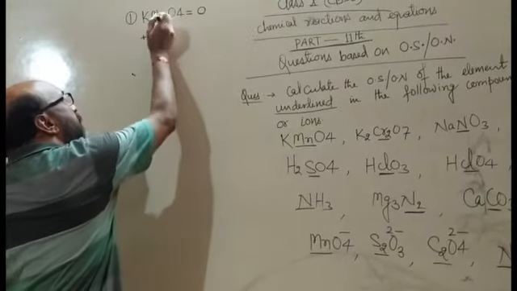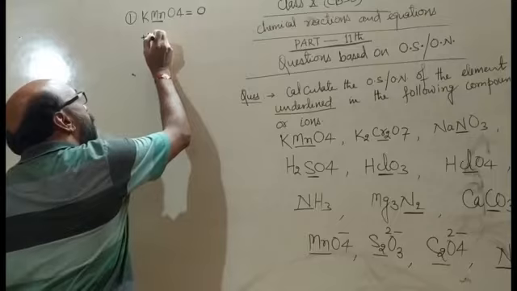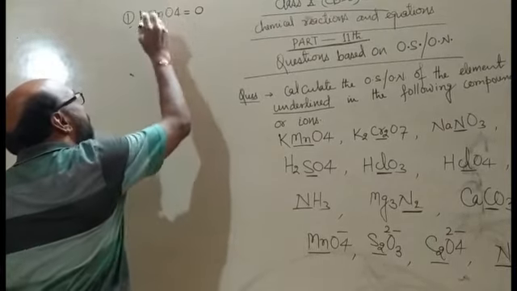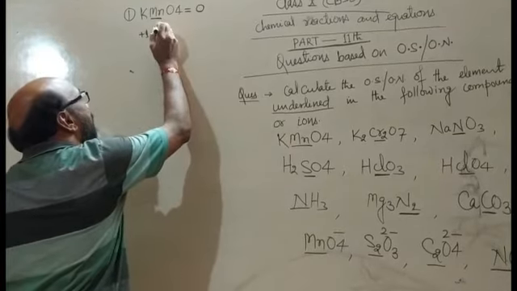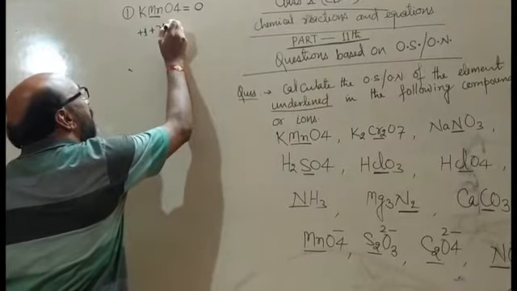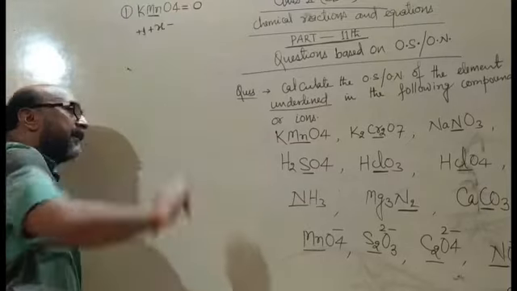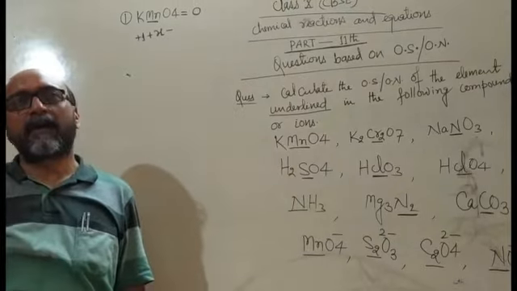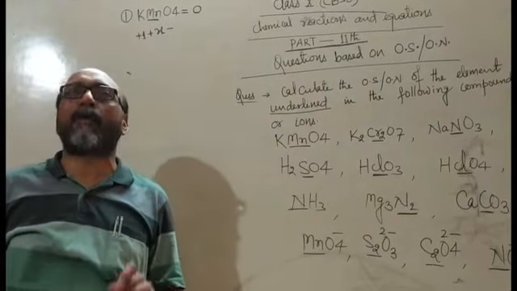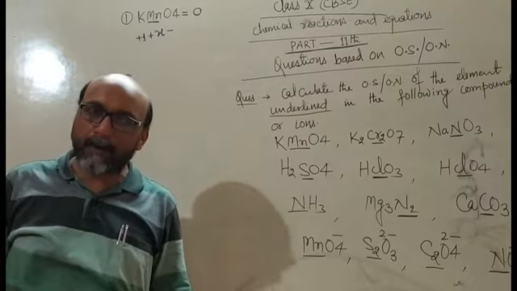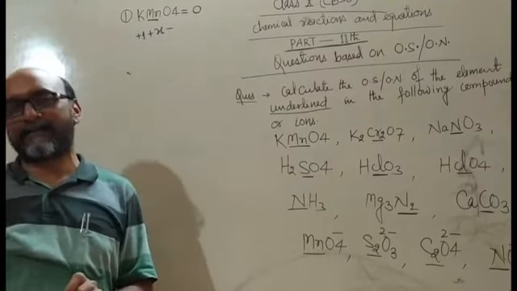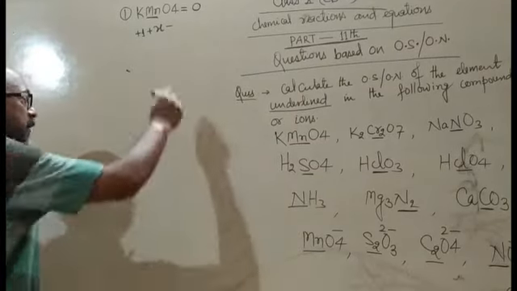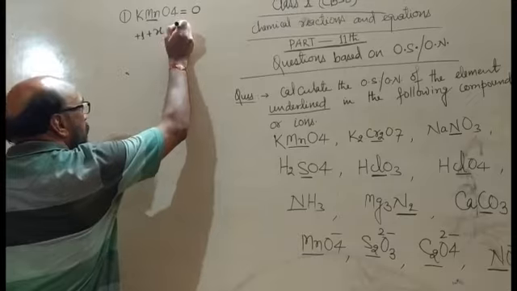And let the oxidation state of manganese be X. And in another rule we have learned, the oxidation state of oxygen in compounds and ions is commonly -2. Here we shall use -2.